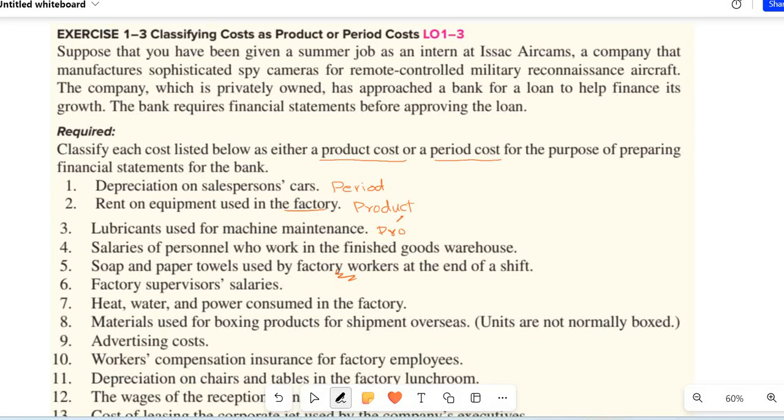Salaries of personnel who work in a finished goods warehouse. This is period cost. These personnel are not making any product. Soap and paper towels used by factory workers. So this will be the product cost.